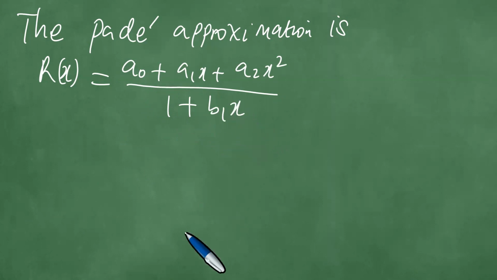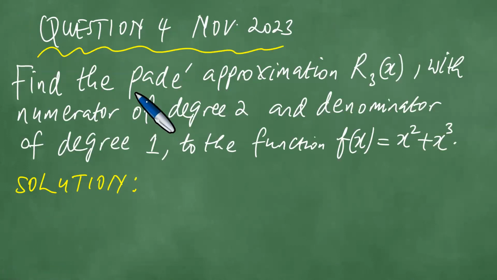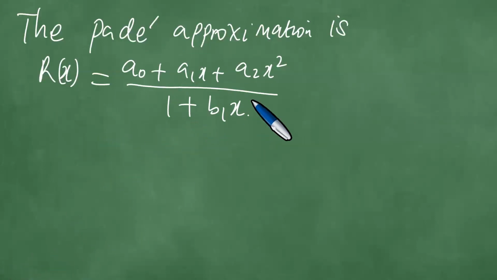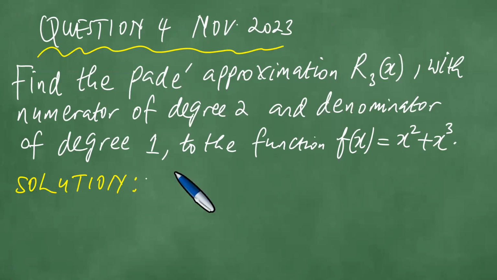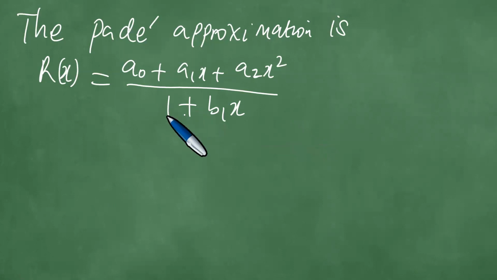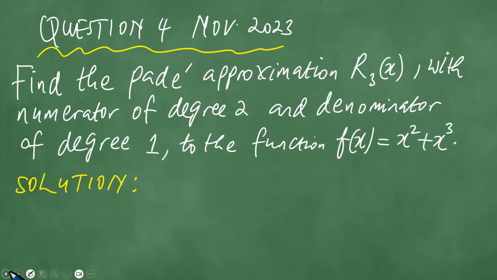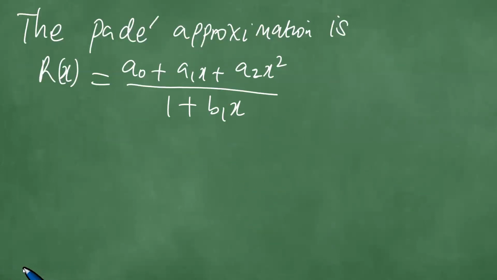Obviously it is consistent, because the numerator is of degree 2, a quadratic, and the denominator of degree 1 is linear, but we always make the constant a 1 to avoid the denominator being 0. We stated that last time. To the function, okay, so we have that.